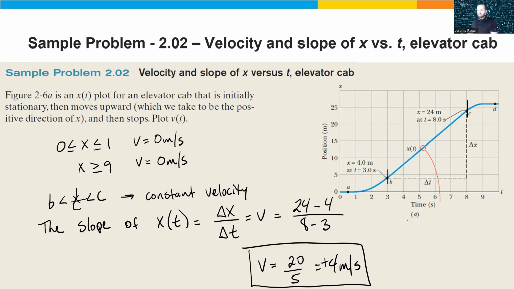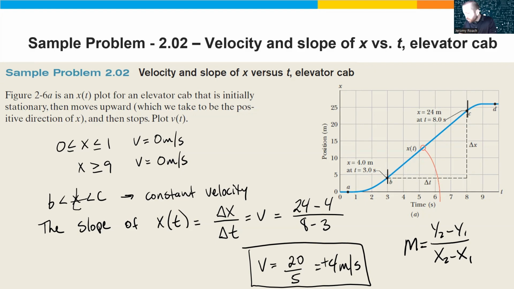So we find the slope. m is denoted as slope in mathematics, and we find the slope by y2 minus y1 over x2 minus x1.